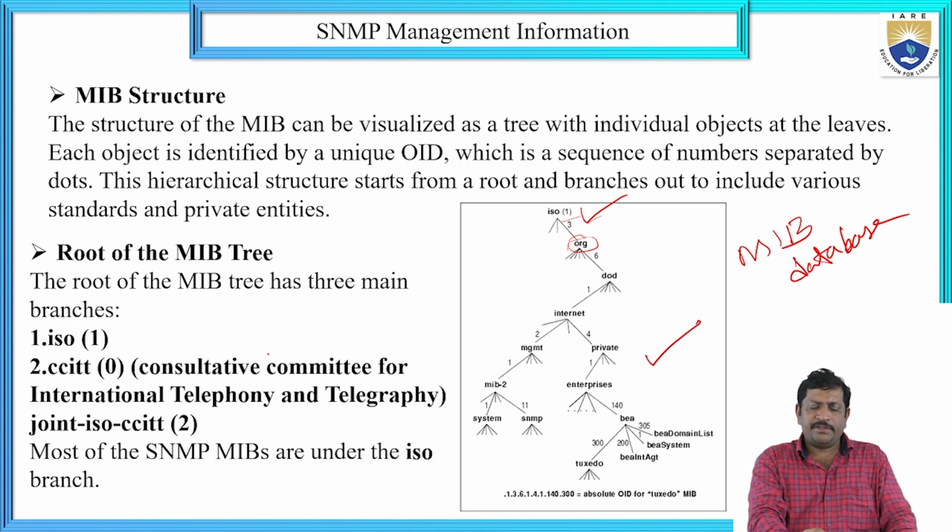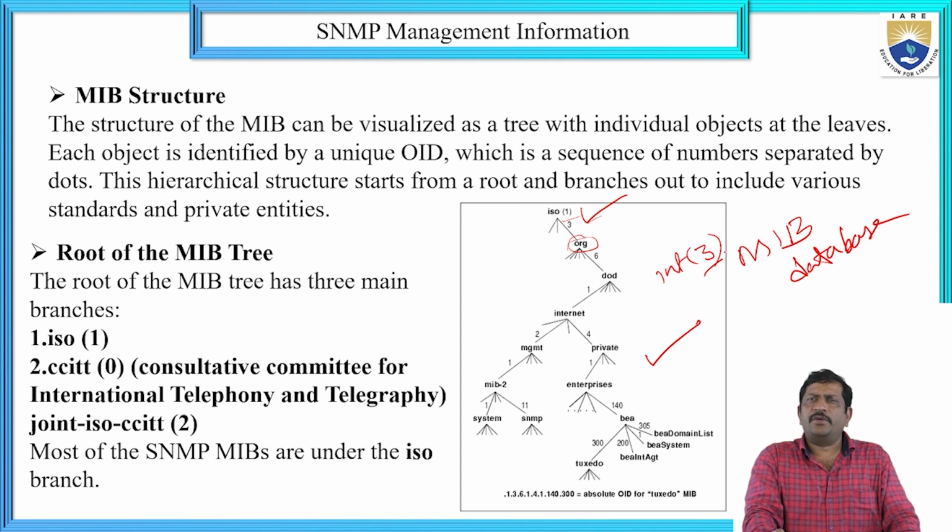And if we see the remaining objects, ORG 6: 6 is a unique identifier. And the next, Internet 3: Internet 3 is a unique identifier.